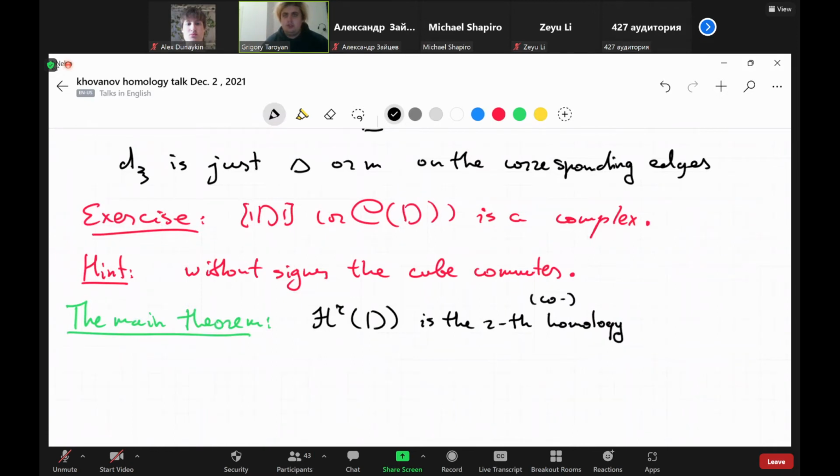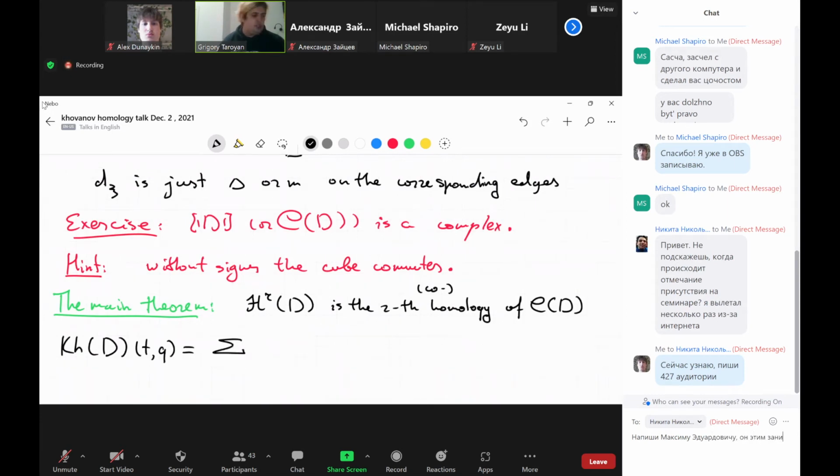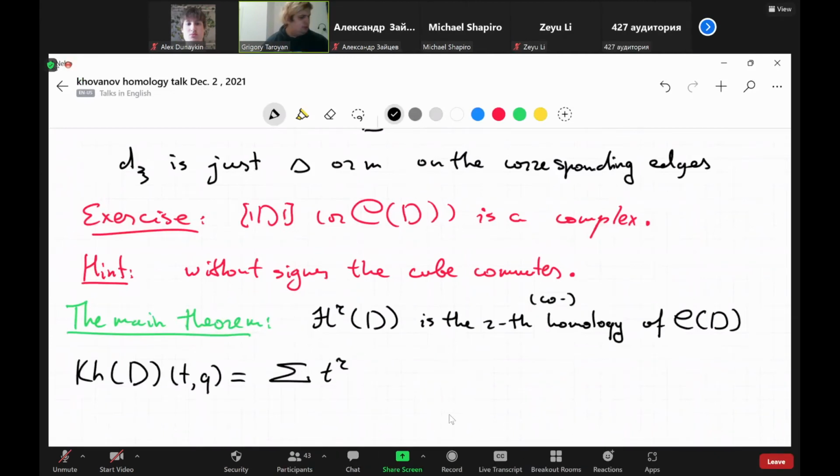Or cohomology, it doesn't matter here because we don't have any multiplication and the difference is just notational. And so this Khovanov polynomial is now a polynomial in two variables instead of one. It's just a graded Poincare polynomial. Defined like this.